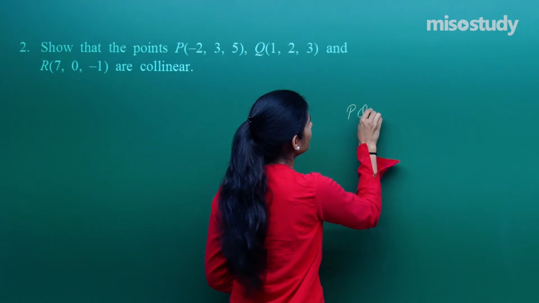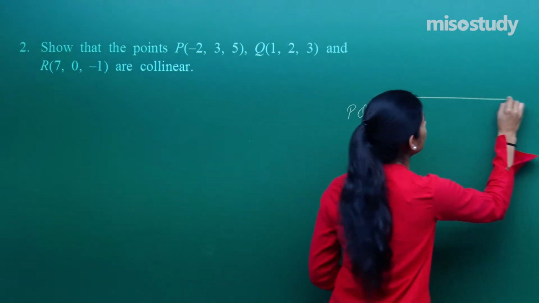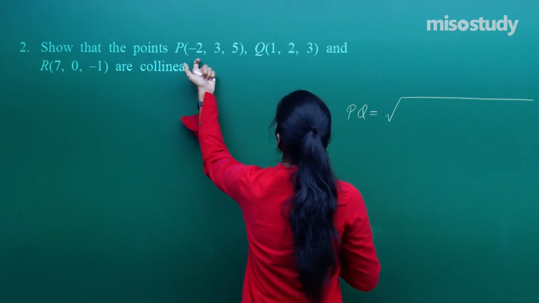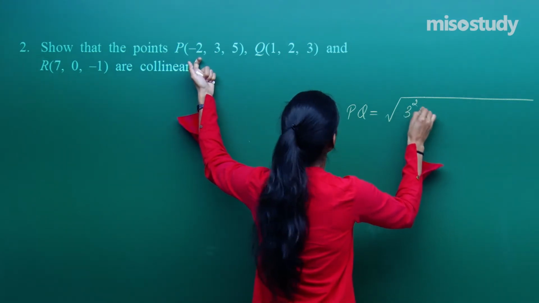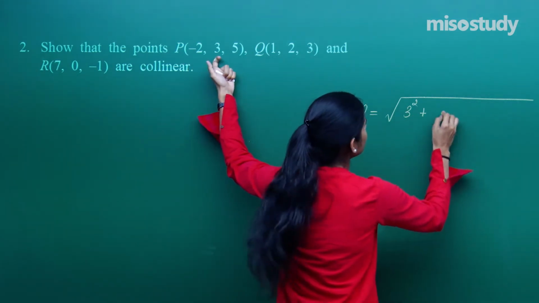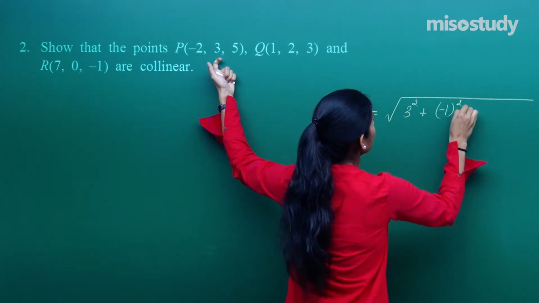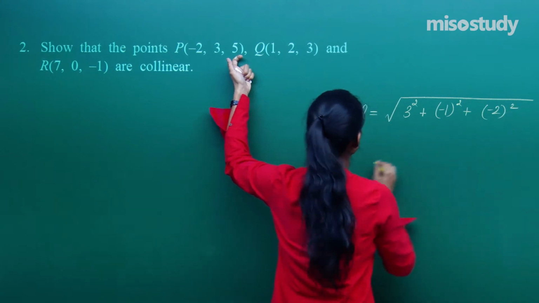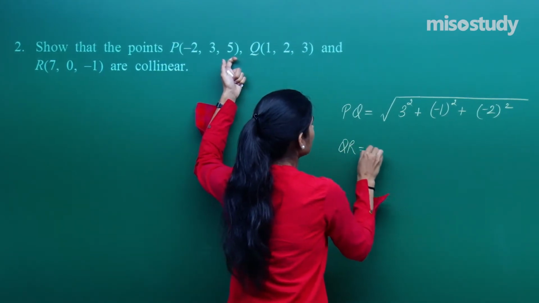Let's talk about PQ. What is the distance between P and Q? It would be the length of the line segment PQ. It is the square root of (1 minus minus 2) whole square plus (2 minus 3) whole square plus (3 minus 5) whole square. What is QR?